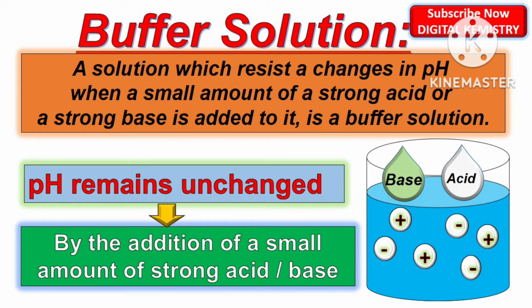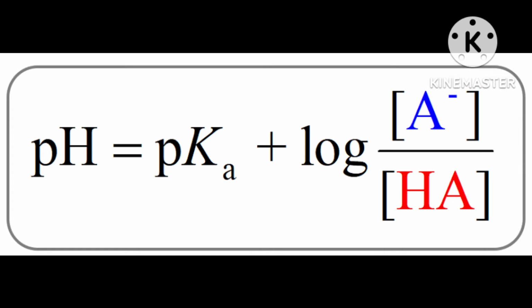Since the acid is a weak acid, it ionizes to a very little extent, and the concentration of HA is negligibly different from the concentration of acid taken to form the buffer. Both will be almost equal.